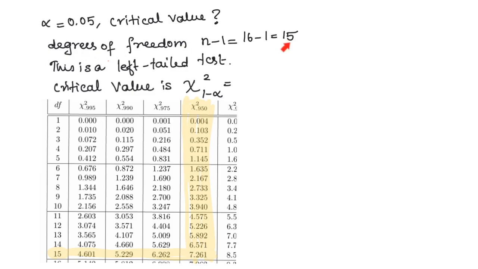The degrees of freedom is 15 and it is a left-tail test. The critical value is chi-square 1 minus alpha, so chi-square 1 minus 0.05, that is chi-square 0.95. In Table A4, look at the row for 15 degrees of freedom and the column corresponding to alpha equal to 0.95. That is the critical value. The critical value is 7.261.